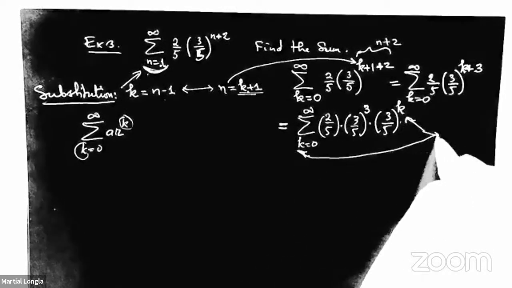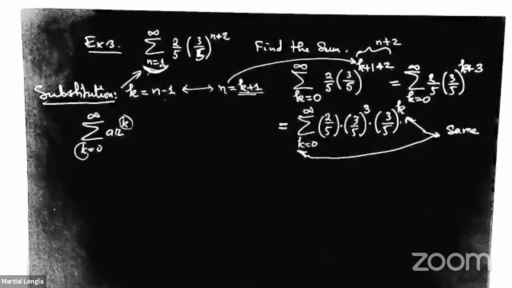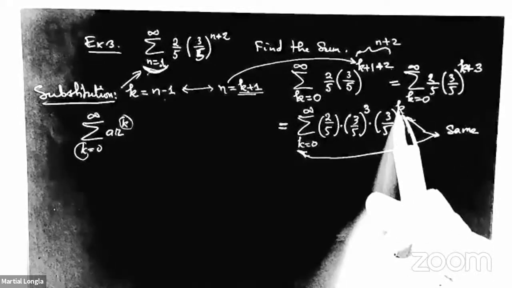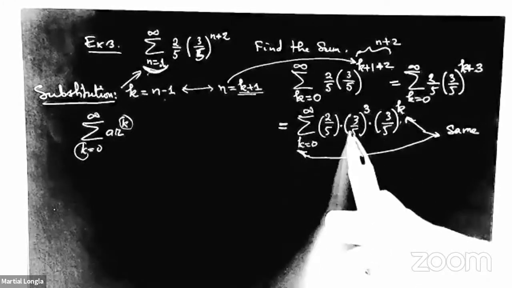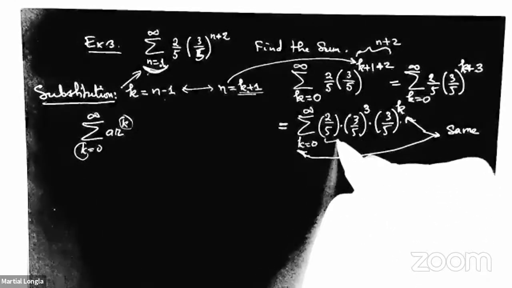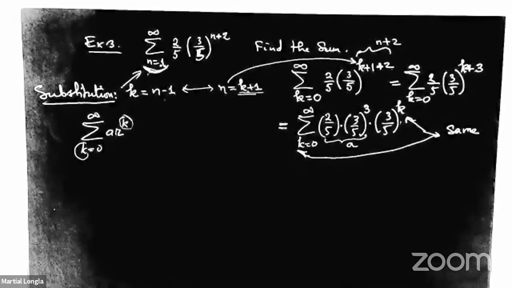These two things must be same. Does that make sense? So once I do that to make sure I have the same thing here and here, the power goes down here and it gets into A, and this is the new A for this sum.